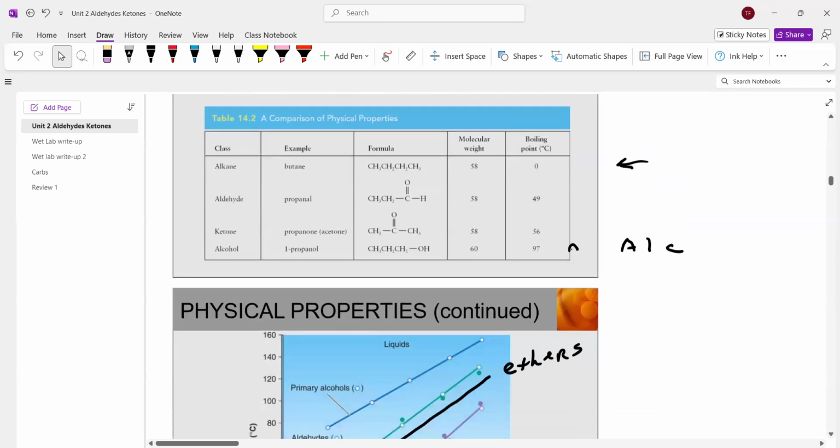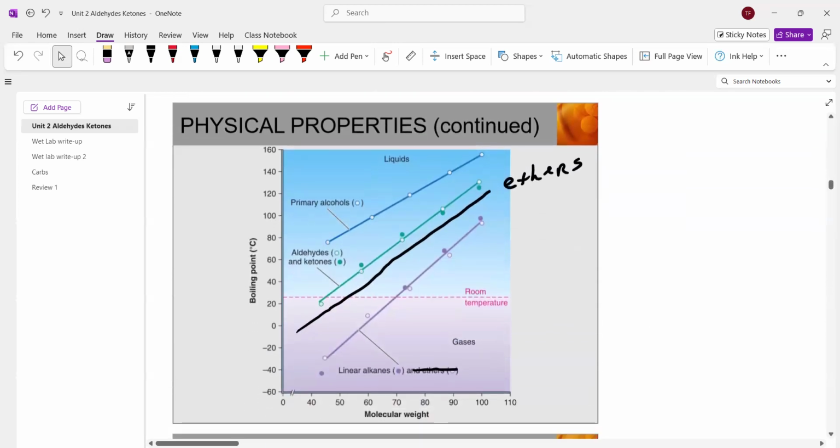Now, if we looked at the good old graph again, there'd be three little lines up here for the alcohol. They mentioned primary alcohols, but alcohols in general are very polar. Hence, the IMFs for alcohol is going to be so far in this class. We're going to find acids are even more polar.